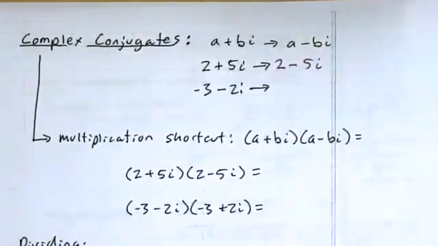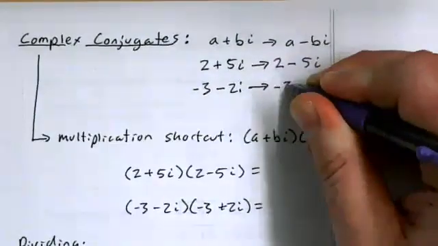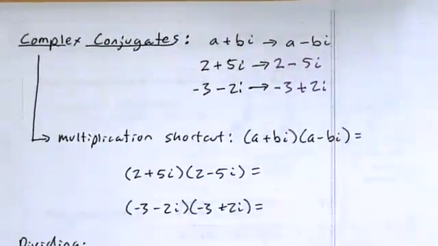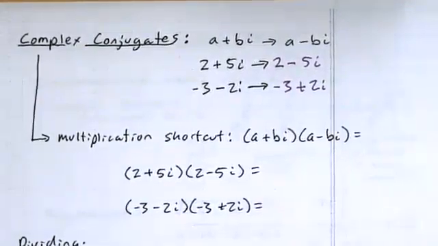Negative 3 minus 2i would be the conjugate of negative 3 plus 2i. And I almost said they're the same. These are not the same. This is a different number. But there's a relation between them, and the relation is that there's a shortcut, and hopefully this shortcut is making you think of another shortcut we've talked about earlier.